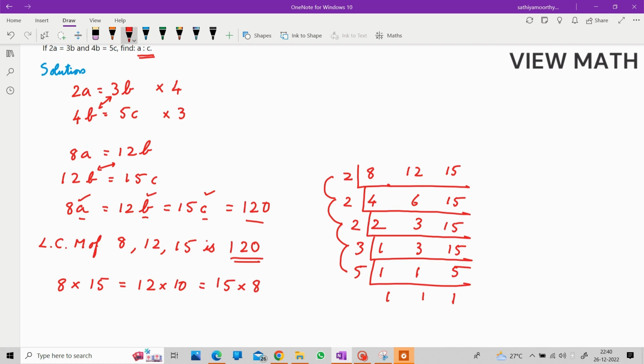So now I can combine this. So your A value is 15 and your B value is 10 and your C value is 8. So what they're asking us to find out is A is to C. So A is to C is equal to 15 is to 8.